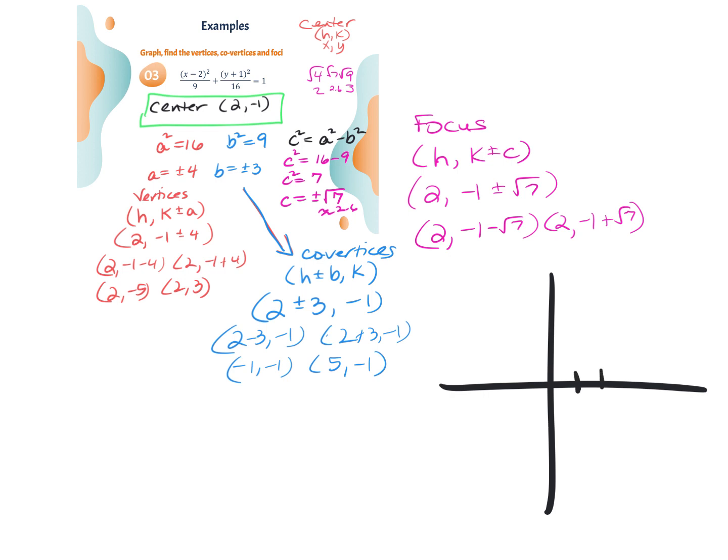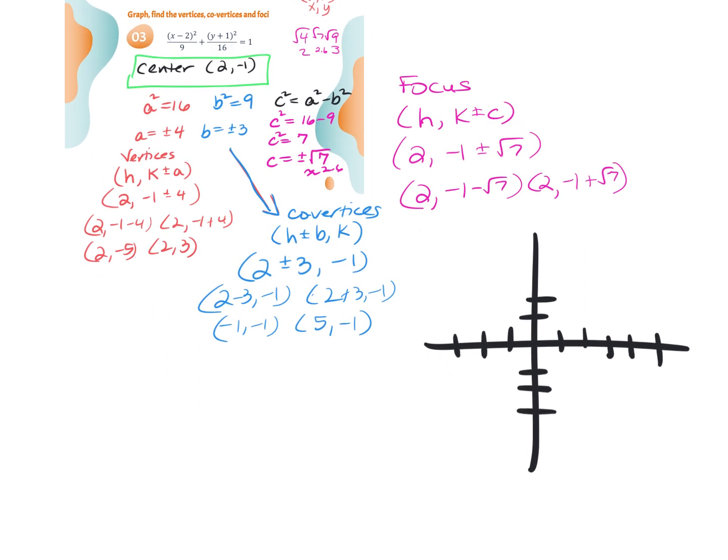So 1, 2, 3, 4, 5. All right, so for my vertices, I need some more lines here, 3, 4, 5. I have one at positive 2, negative 5, and then I have one at positive 2, positive 3.